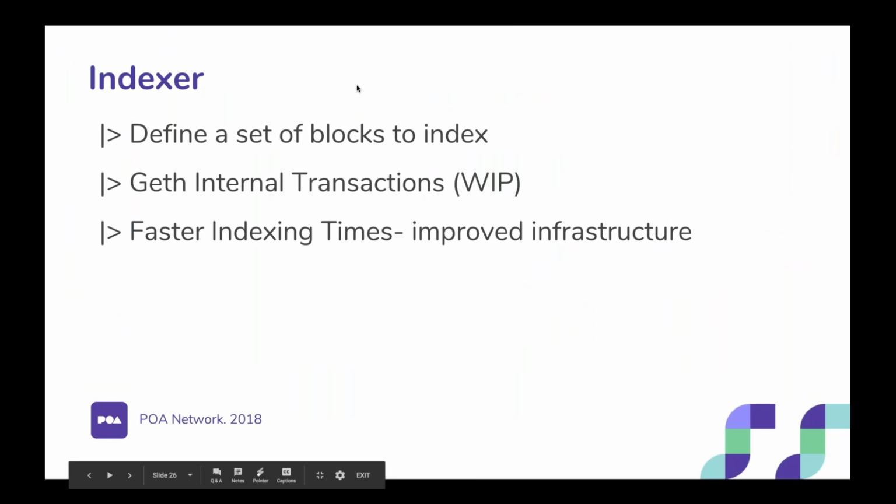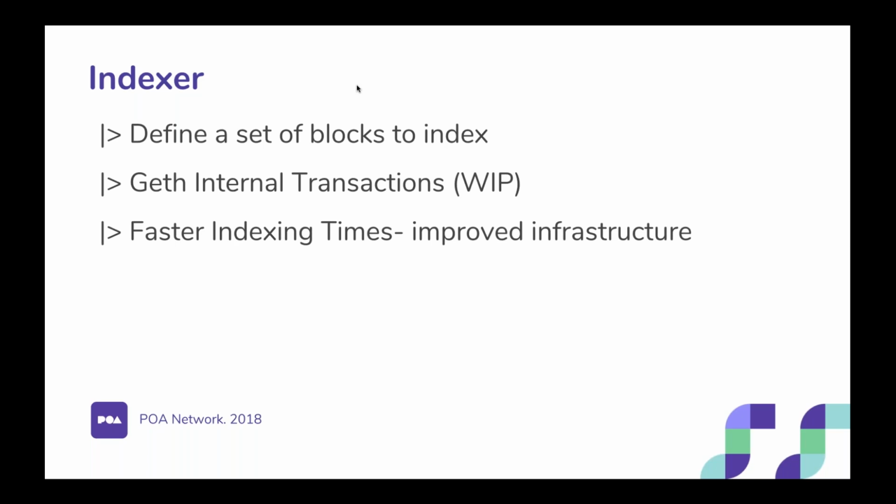As far as our indexers, a big enhancement that users want to see is being able to define a set of blocks. If they are hooking up to either their own chain or, let's say, Ethereum mainnet, they may want to see blocks between 400,000 and 500,000 just to extract some type of data.